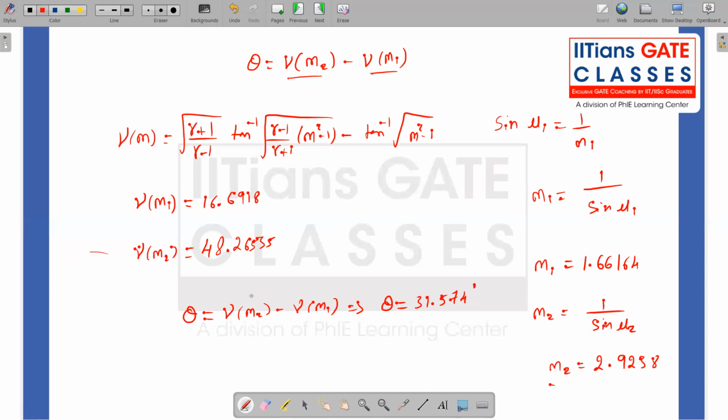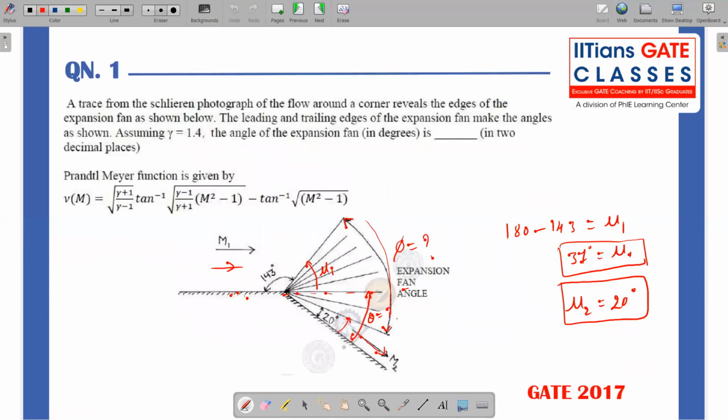So now I can easily calculate the expansion fan angle, phi. From the geometry, I can easily show what phi is. Let us go back to the geometry again. What is phi? That is mu1 plus theta minus mu2. So that's what phi is, right?